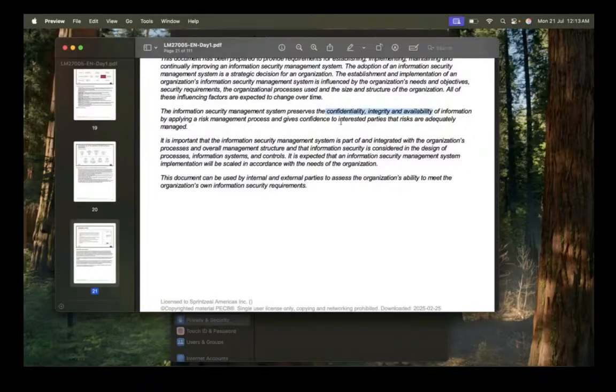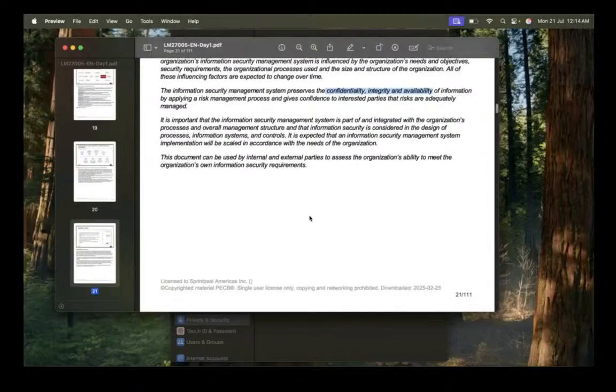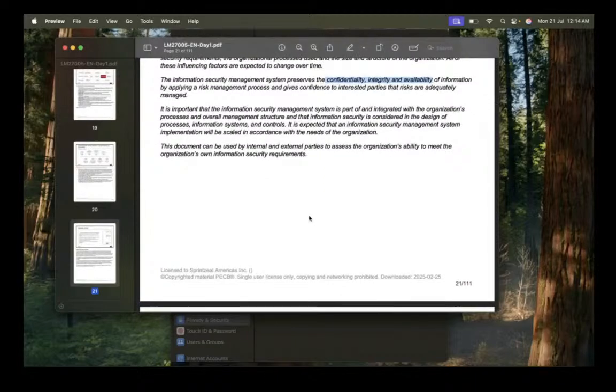These are the important things: confidentiality, integrity, and availability of information by applying a risk management process, and it also gives confidence to interested parties that risks are adequately managed. So that is how ISO standards help and give the credibility to the organization that I discussed previously.